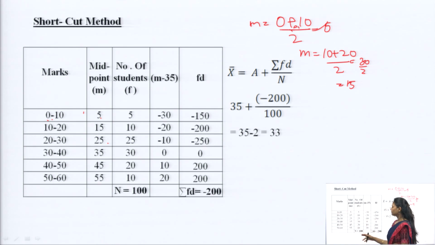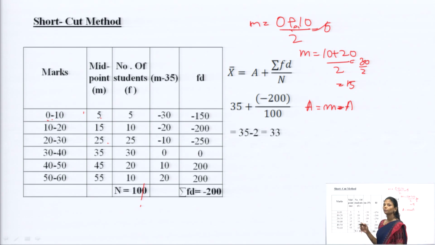The frequency was already given in the question, and if we total all the frequencies, we get n is equal to 100. Now, the formula says m minus A. What is A? A is an assumed mean, and we are supposed to assume it from the midpoints and not from the class intervals.